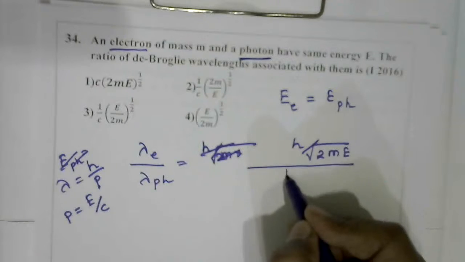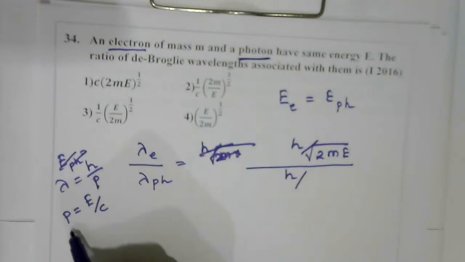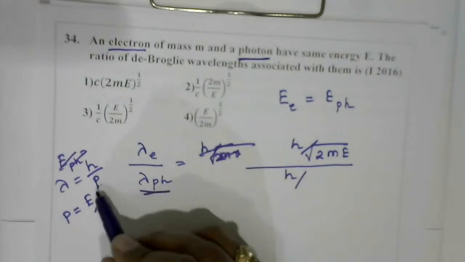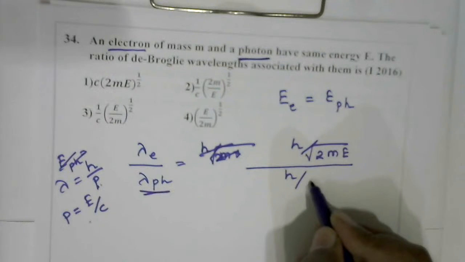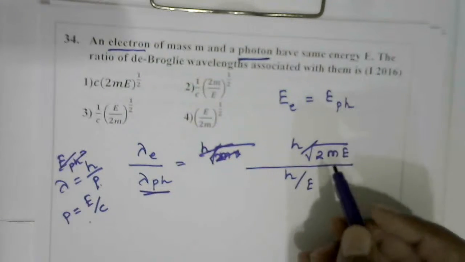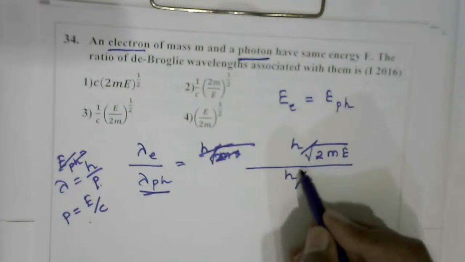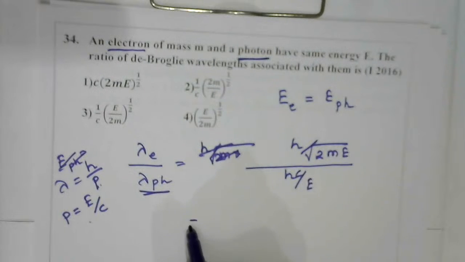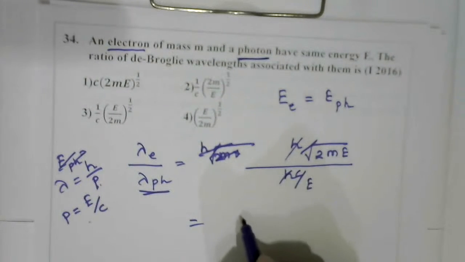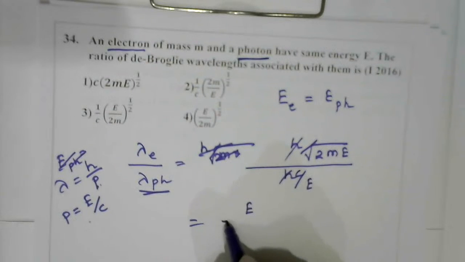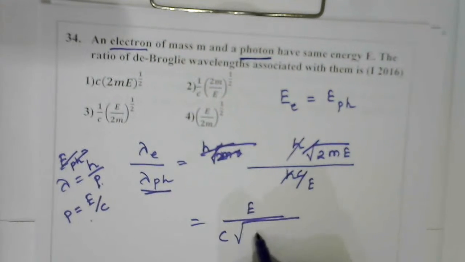So ultimately here I can write h by, in place of p, E by c. So that becomes hc. Okay, so h and h will get cancelled here. So it will come to E divided by c square root of 2mE you are having.